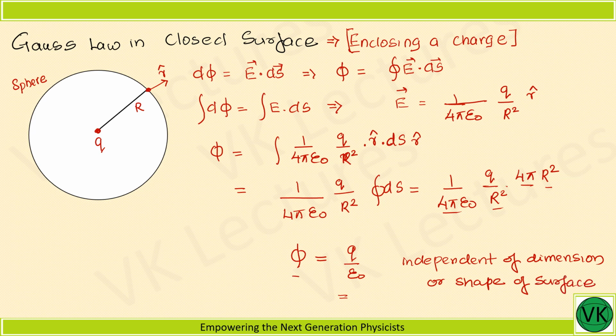That means the flux phi, when the electric field is produced by the charge inside the surface, then the total flux is independent of the dimension or the shape of the surface.